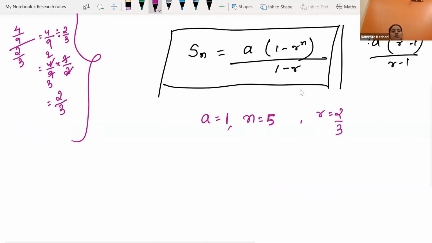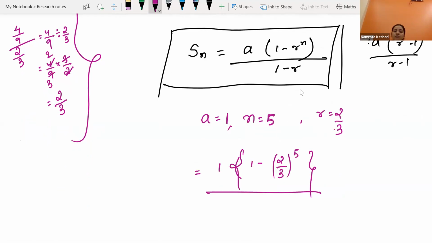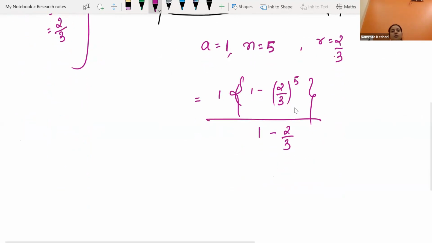First 5 terms sum we have to find. We will be using the formula: 1 minus r to the power 5, where r is 2 by 3, by 1 minus 2 by 3. Please solve the denominator first, and your numerator also, 2 by 3 to the power 5. What will it be? Please do the simplification and let me know what you are getting.